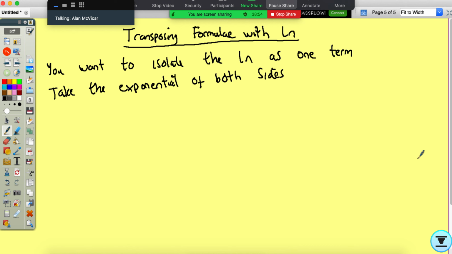Well, it's always going to be possible. And you want to take the exponential of both sides.